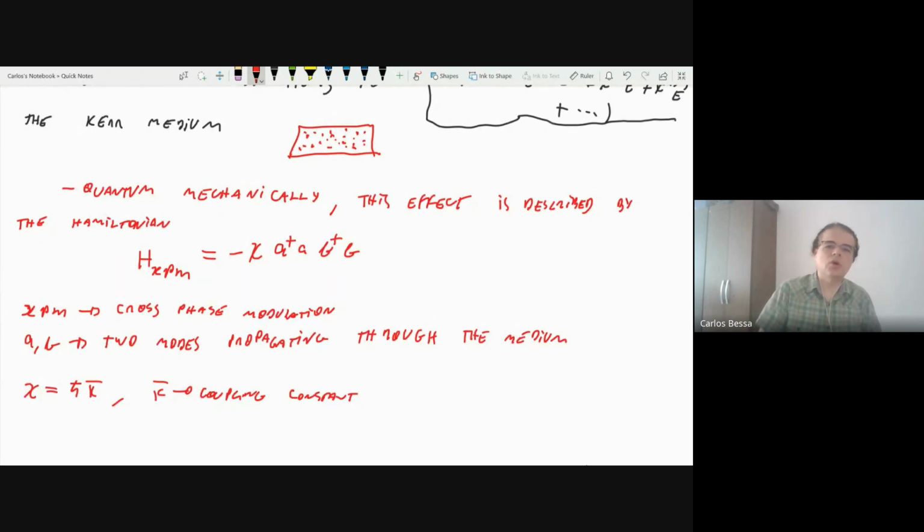But in general, to do computation, what we consider is, if I have a Kerr medium, we have two modes, mode A and mode B, propagating through this medium of size L.